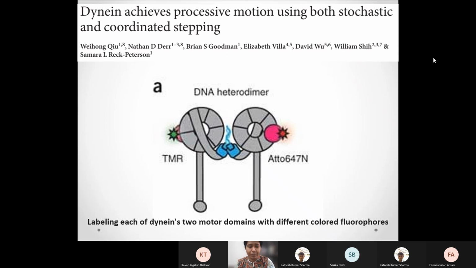And what they did is very interesting. They took one dynein molecule, and in the gene sequence, they added a certain sequence of an enzyme right into the dynein gene sequence. So this entire dynein sequence does not have the N-terminus.